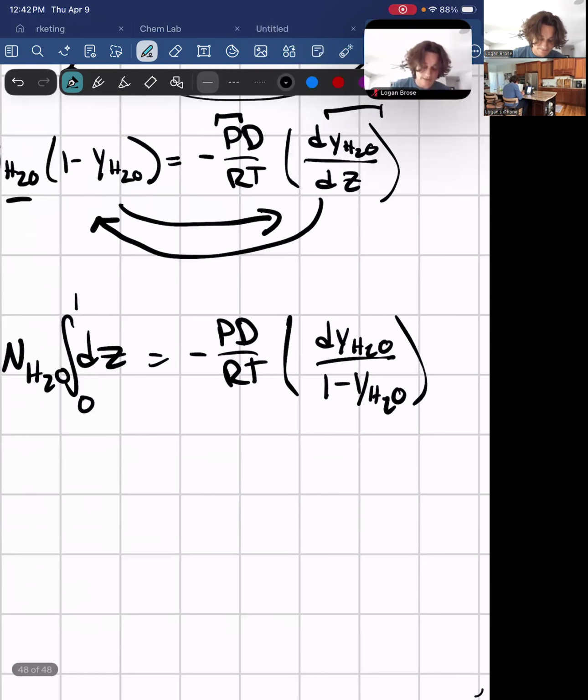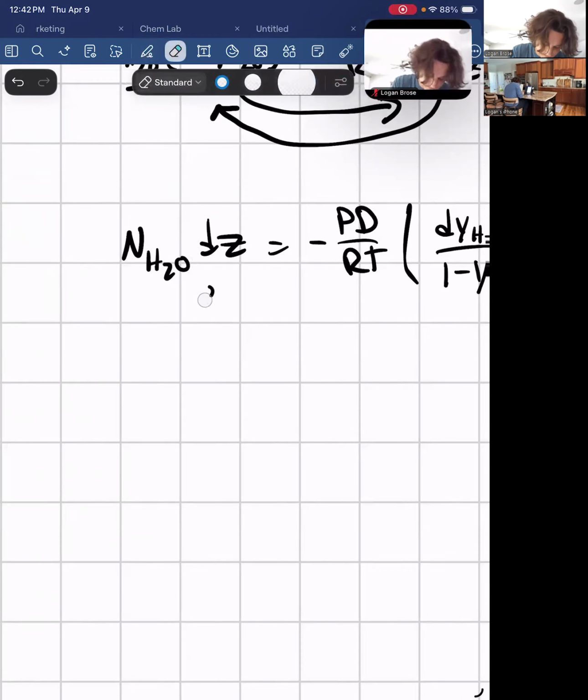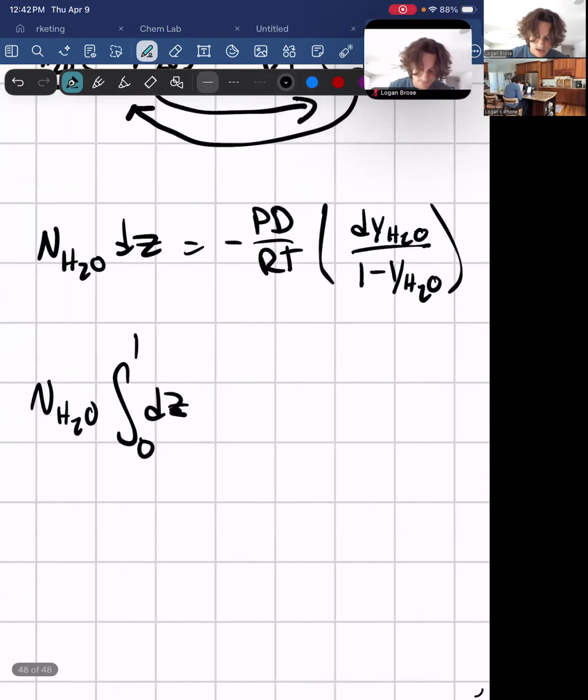And then on this side, I'll rewrite this. So we'll have our NH2O times the integral dz from 0 to 1. And then we know that our pressure, diffusivity, R and T, those are all constant, right? Those were defined at the beginning of the problem, or we just found them, right?